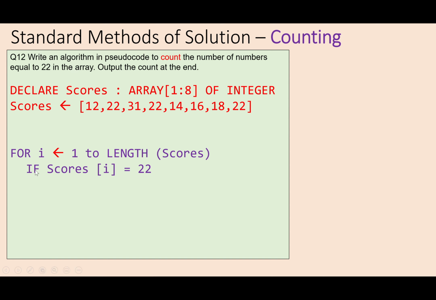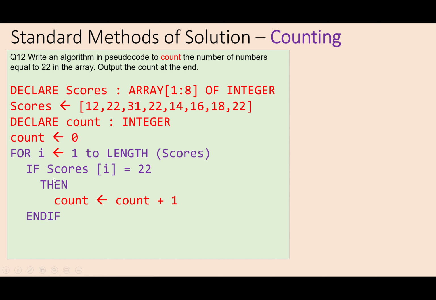So if scores I. When we first start this loop, I is going to be 1, so scores I will be 12. So is 12 equal to 22? That's the question we're resolving. If it is, we're going to add 1 to the count. If it's not, as in this case, we drop out of the if statement without doing this.